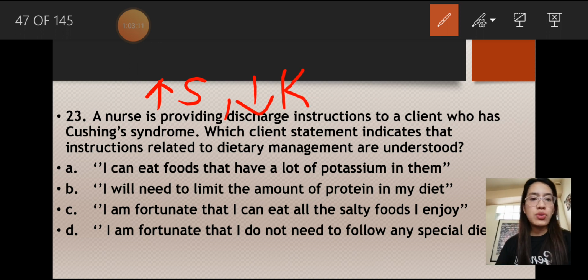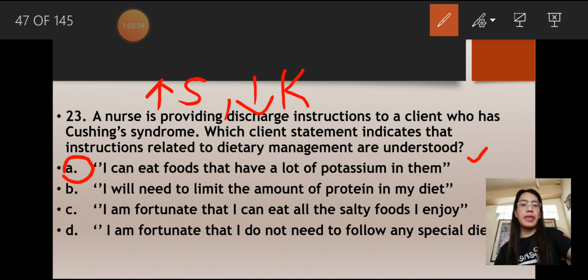So, alin ang tamang statement? Letter A, I can eat foods that have a lot of potassium in them. Tama? Yes. B, I will need to limit the amount of protein in my diet. C, I am fortunate that I can eat all the salty foods that I enjoy. Mataas na nga yung salt niya, so dapat bawasan na ang salt. D, I am fortunate that I do not need to follow any special diet. Of course, none. So, letter A will be the answer.